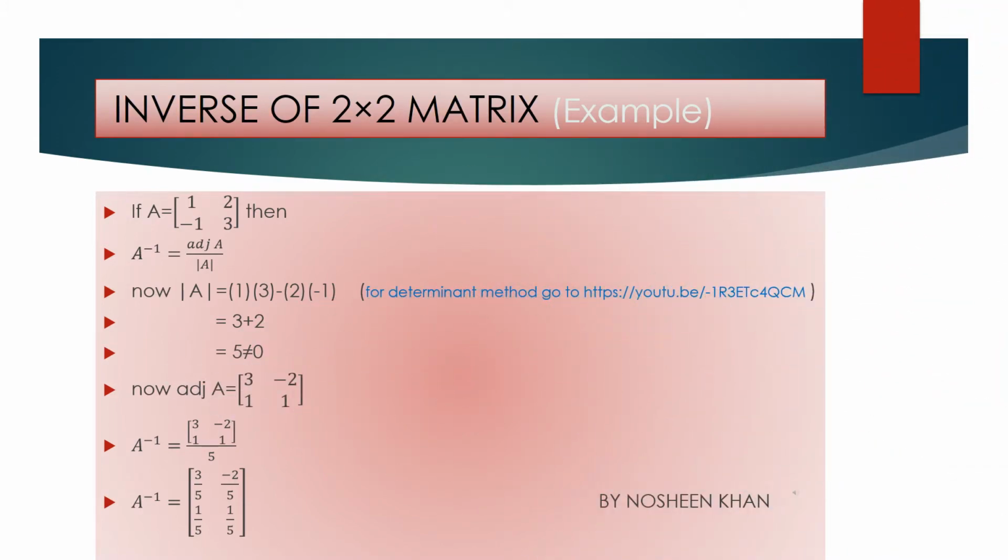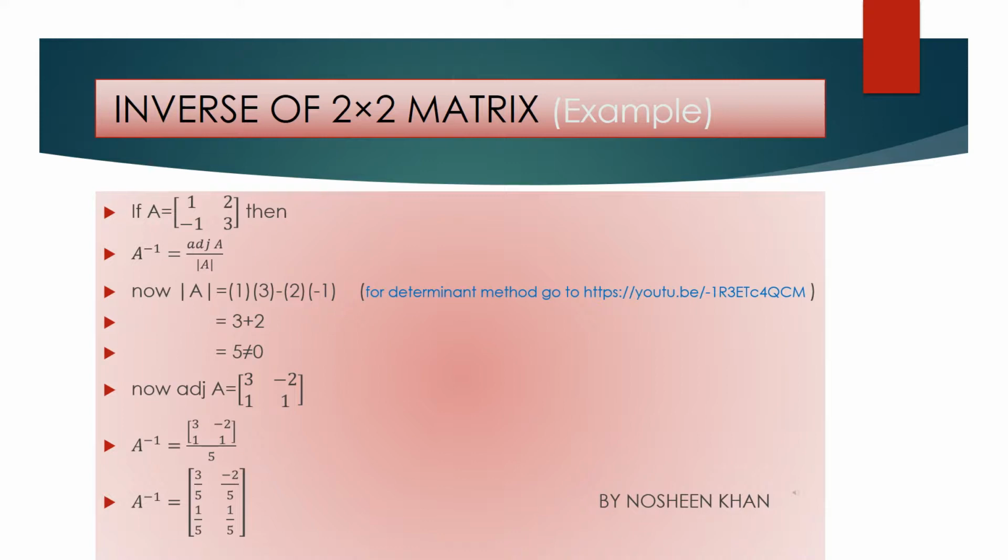Example of inverse of a 2 cross 2 matrix. If I have a matrix A is equal to 1, 2, minus 1, 3, then we can find its inverse by the following formula. A inverse is equal to adjoint of A divided by determinant of that matrix. Now determinant of A is equal to 1 multiplied by 3 minus 2 multiplied by minus 1.